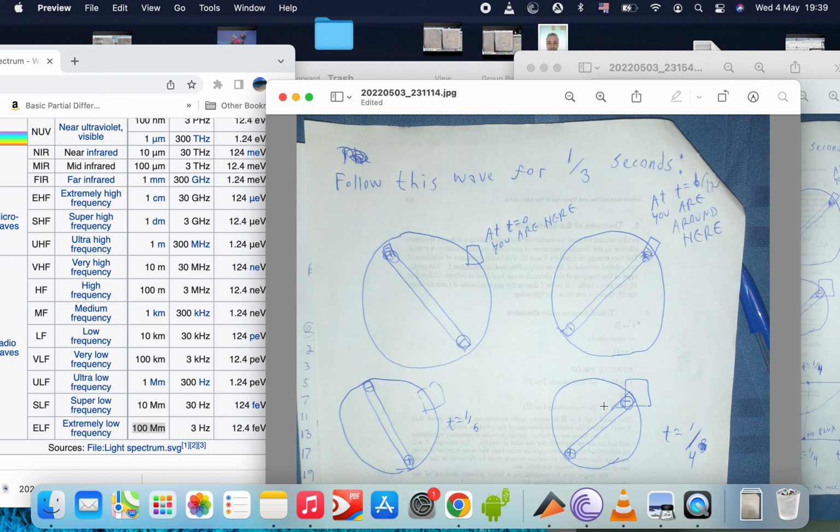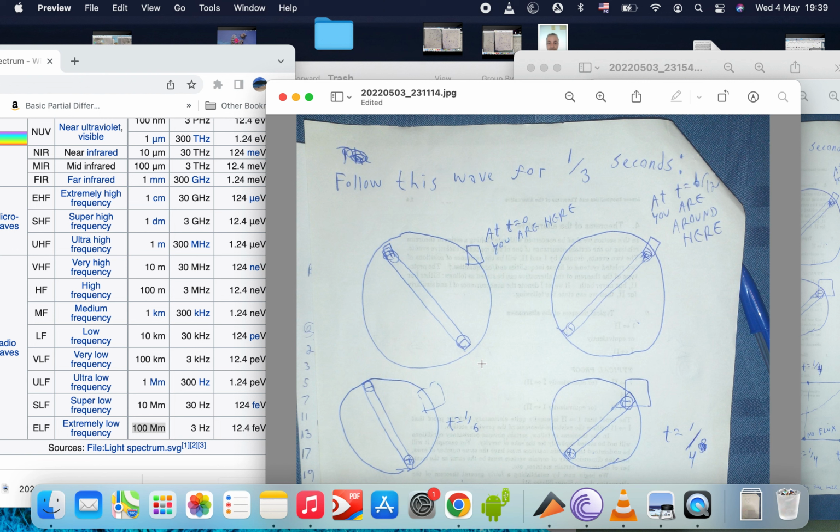But we do want to locate this distance, right? 100 million meters would be the circumference of this entire circle, and the distance between the North and the South Pole right there, this diameter, would actually be 100 million over pi.